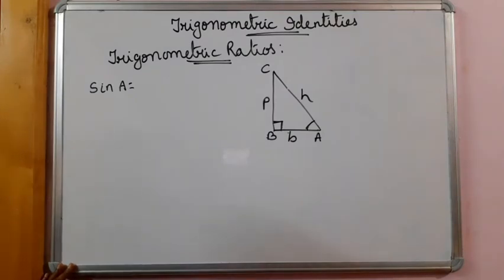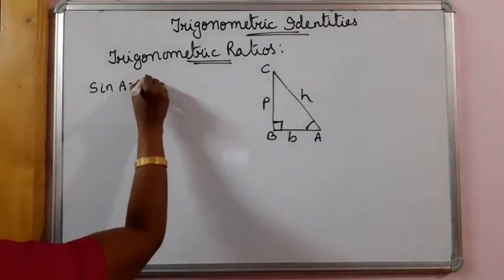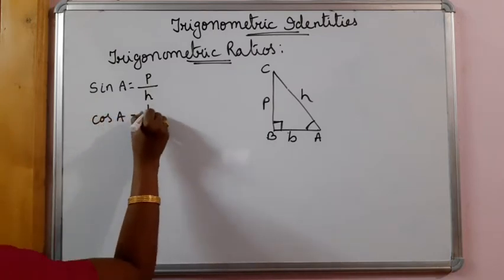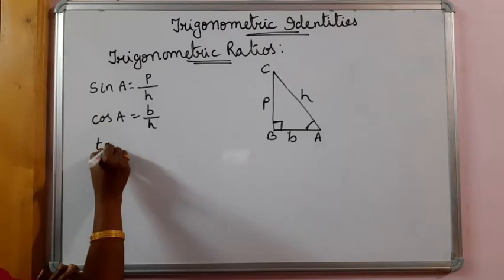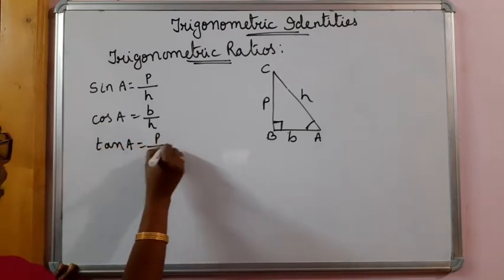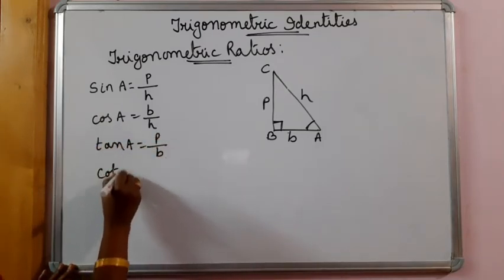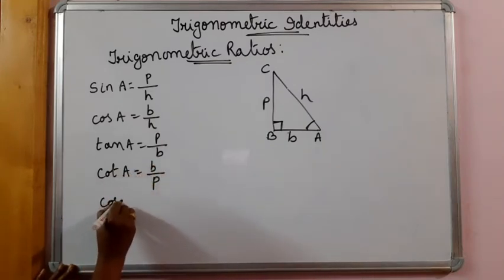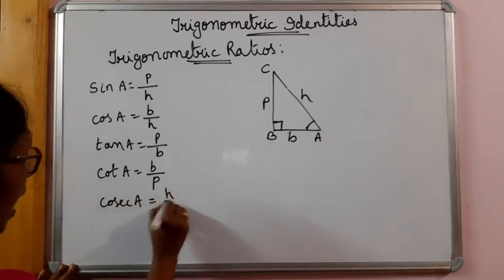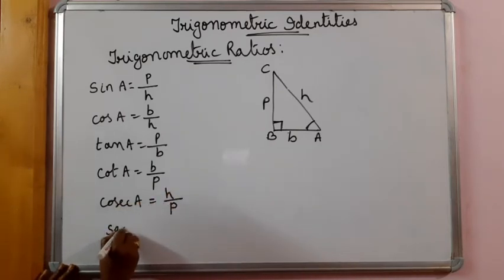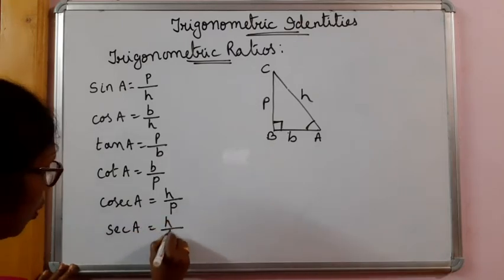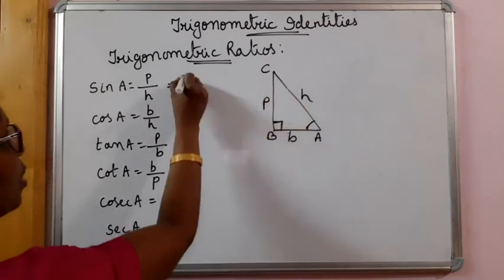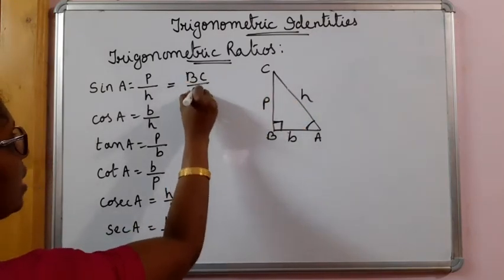and hypotenuse always H. Sin A is perpendicular by hypotenuse, cos A is base by hypotenuse, tan A is perpendicular by base, cot A is base by perpendicular, cosec A is hypotenuse by perpendicular and sec A is hypotenuse by base. So for here sin A perpendicular is BC, hypotenuse is AC.